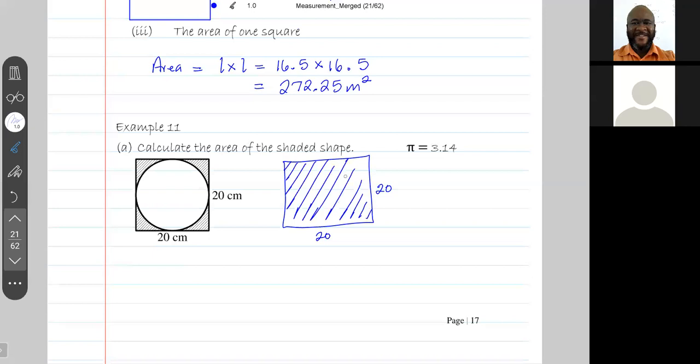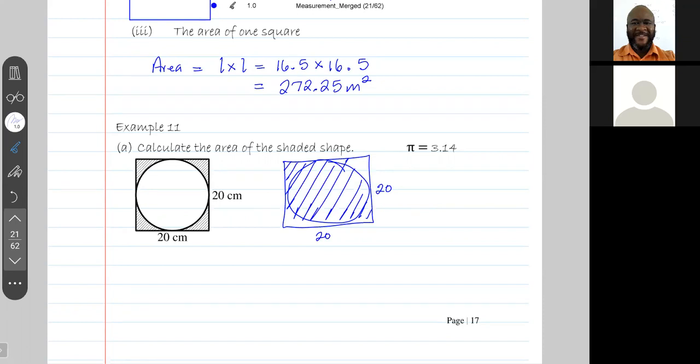A piece of the area of the square has been removed. So what I have to do in a scenario like this is find the area of the square, find the area of the circle, and then subtract the area of the circle from the area of the square, and what remains would be the area of the what?